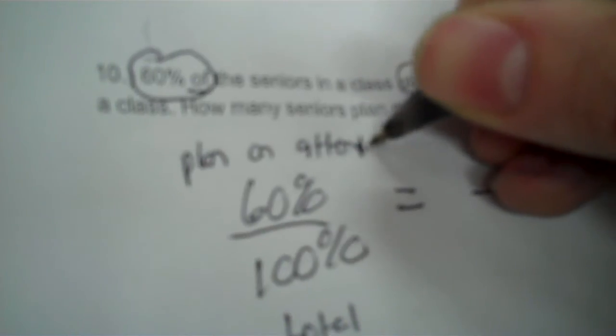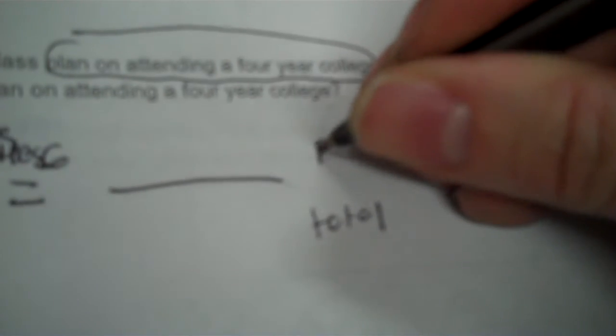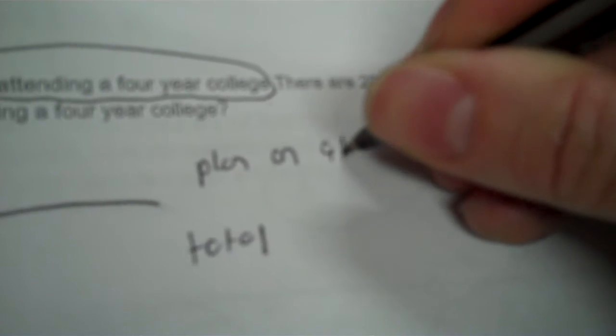Okay, this is always the total. But the top is those that plan on attending a 4-year college. I know that's a long label, but sorry. Okay, so total, and then the actual number that plans on attending.